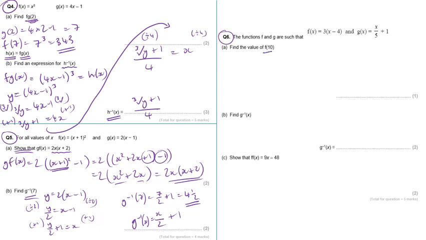Question 6. First of all, starting off, we just need to evaluate the function f for 10. And that's all we need to do there. We then need to find the inverse function for g.